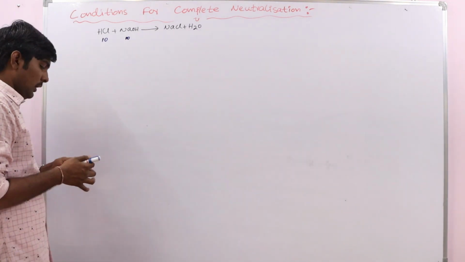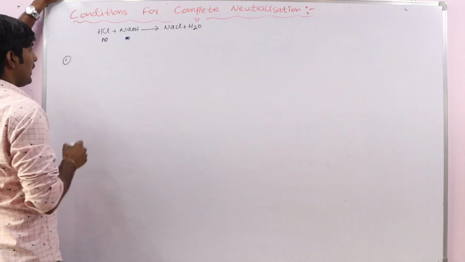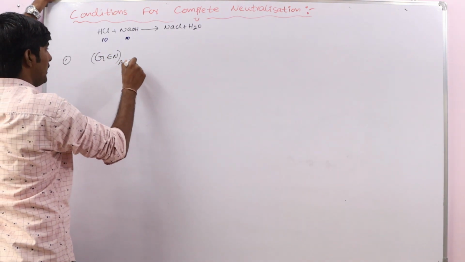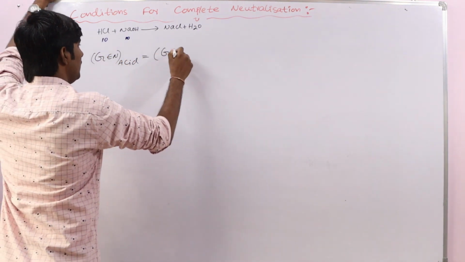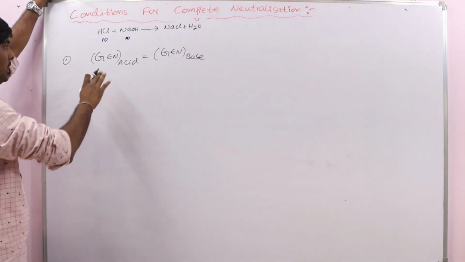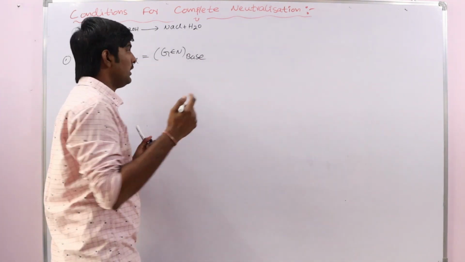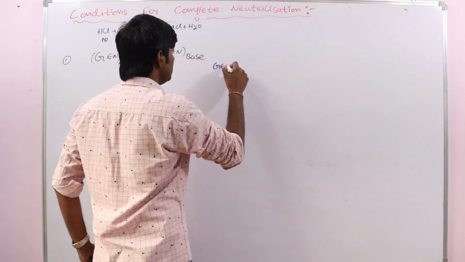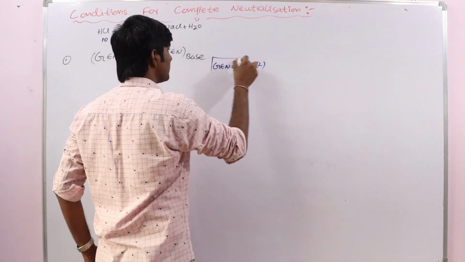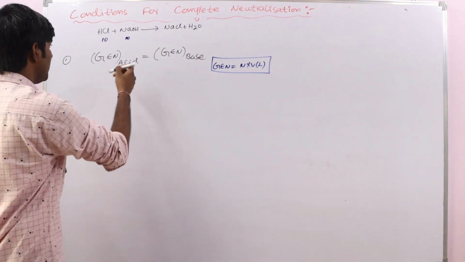So according to that, the first condition we can write: gram equivalent number (GEN) of acid is equal to gram equivalent number of base, yes or no? GEN of acid equals GEN of base, and we discussed one relation in normality, GEN is equal to normality into volume in liters, yes or no? GEN equals N into V in liters.